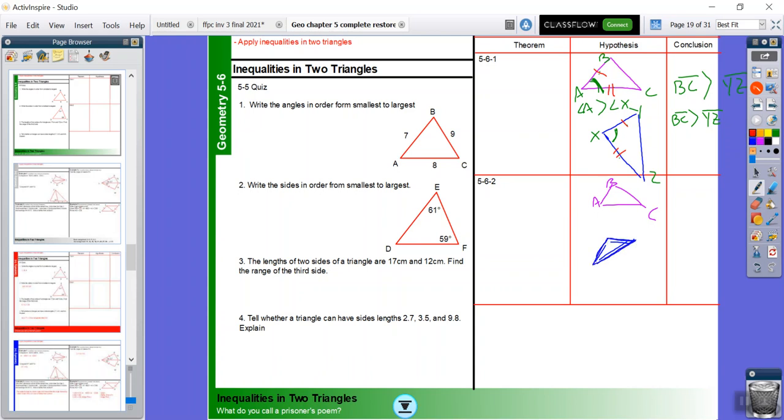We are going to say that these sides are congruent, and these sides are congruent. And we are going to make the statement that BC is greater than YZ. If that's true, then we can conclude that angle A must be greater than angle X. That's the converse of the Hinge theorem. So that's what we're going to be dealing with today. Best day ever!